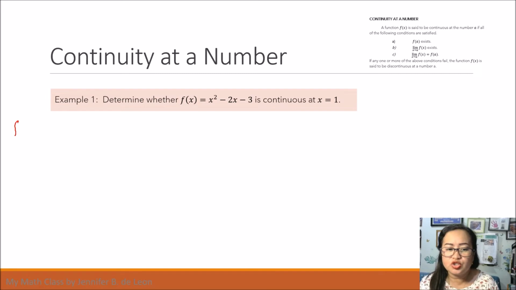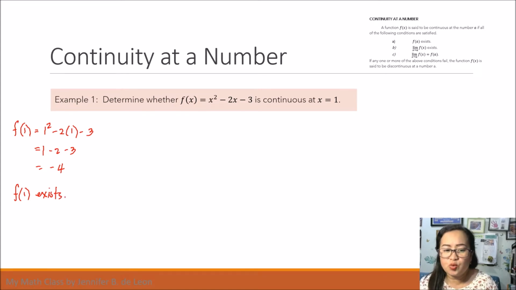So we show that f of 1 exists by evaluating the given function at x equal to 1. So we will have 1 squared minus 2 times 1 minus 3. Simplifying that, we will have negative 4. Therefore, f of 1 exists.